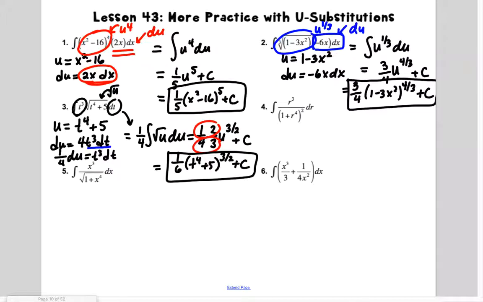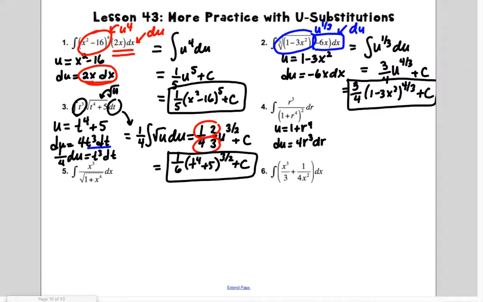Okay, I'm doing some examples because I think people are confused. Think about what your u would be and write your du. So write u equals, du equals. When we wrote our u, we had 1 plus r to the 4th.